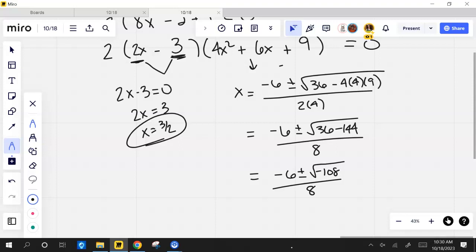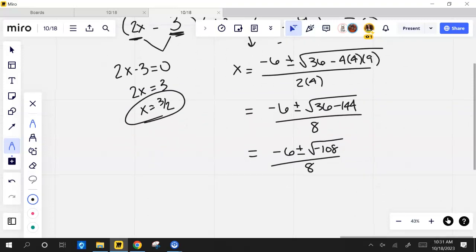We'll break 108 down. What's the perfect square that I can divide into it? 9? Bigger than 9, right? 36. 36 and 3. Yeah, make sure you do break it up if you can.